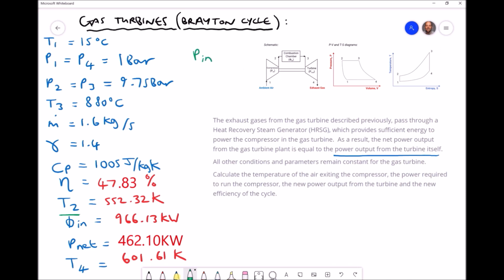We're then asked to calculate the net power output from the turbine. Well, what we're being told here is that P in is being provided by the heat recovered from the exhaust gases. So this time, P net is just going to equal P out. And we're asked to determine that. And finally, we're asked for the new efficiency of the cycle.